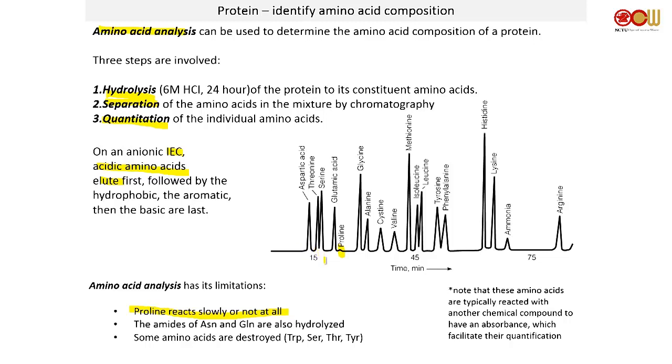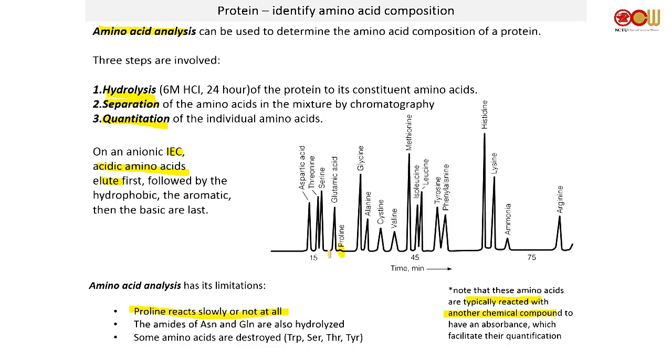The reason it has a very small signal is because typically these amino acids, in order to be detected by your HPLC in this case, have to react with another chemical compound such that your amino acids are functionalized and have an absorbance. In this case, your proline does not really react with that chemical very well.